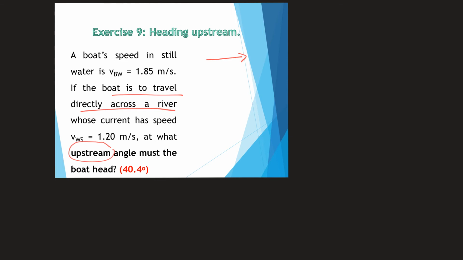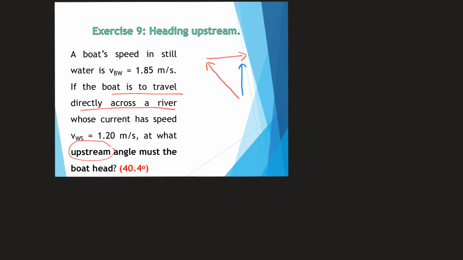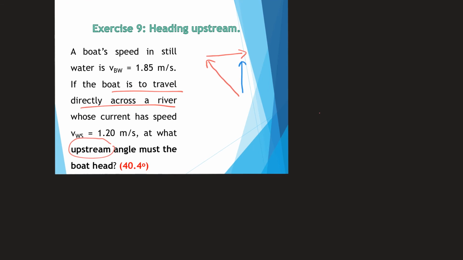The question states that the boat wants to travel directly without being pushed by the river current. So you need to make some action where you are moving like this, so that you can safely move directly without being pushed by the river current. This is the upstream angle that the question asks you to find.